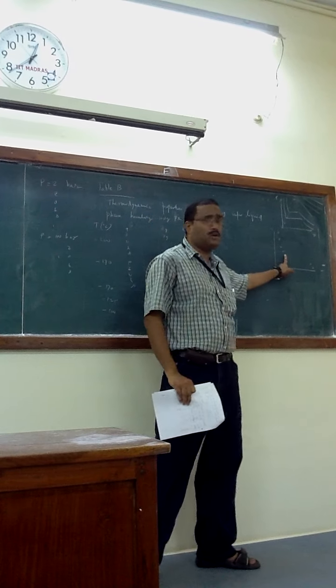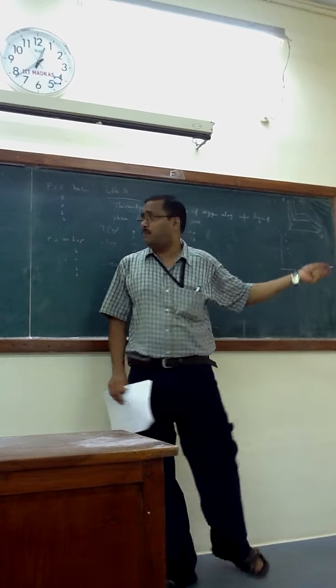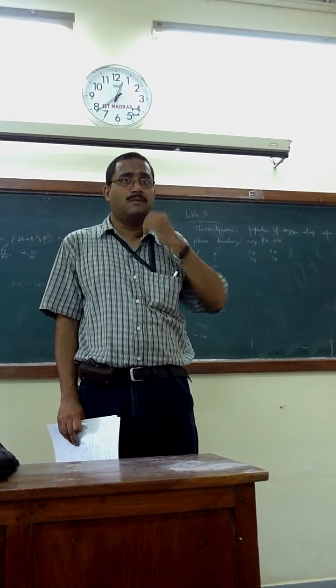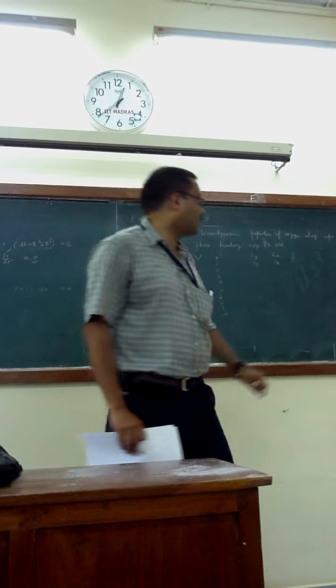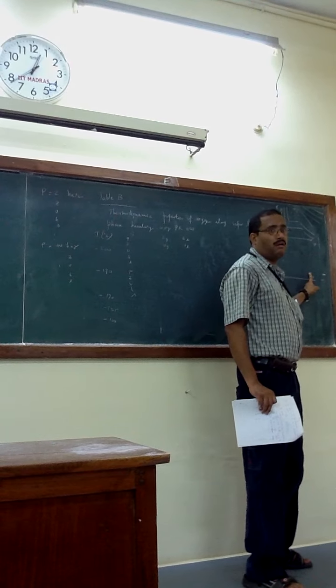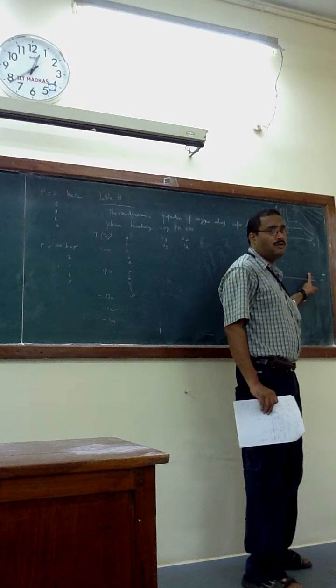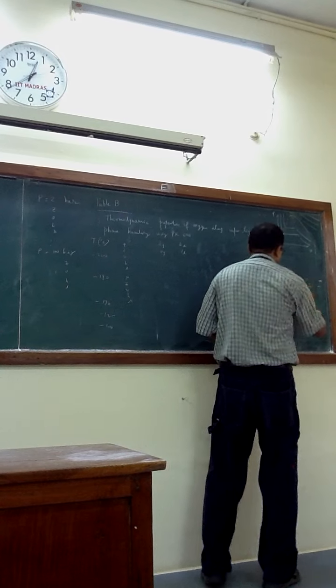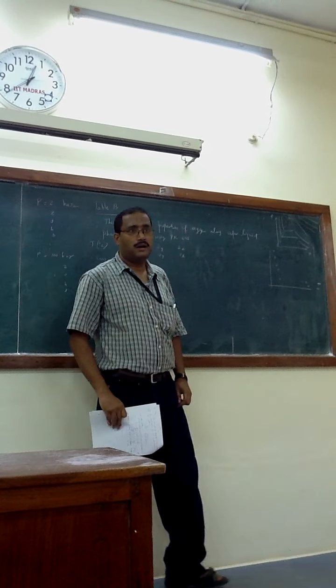Because this will occur at a particular pressure, maybe 33.33 bar. If you go to 33 bar, you won't get it here. If you go to 32 bar, you will get it here. Sometimes people make mistakes. They find something here and join it, and that's it.